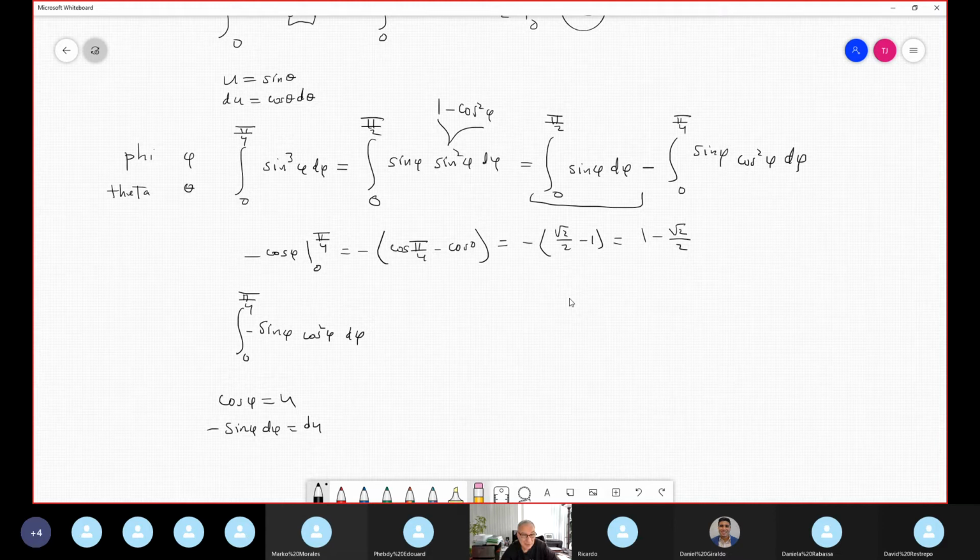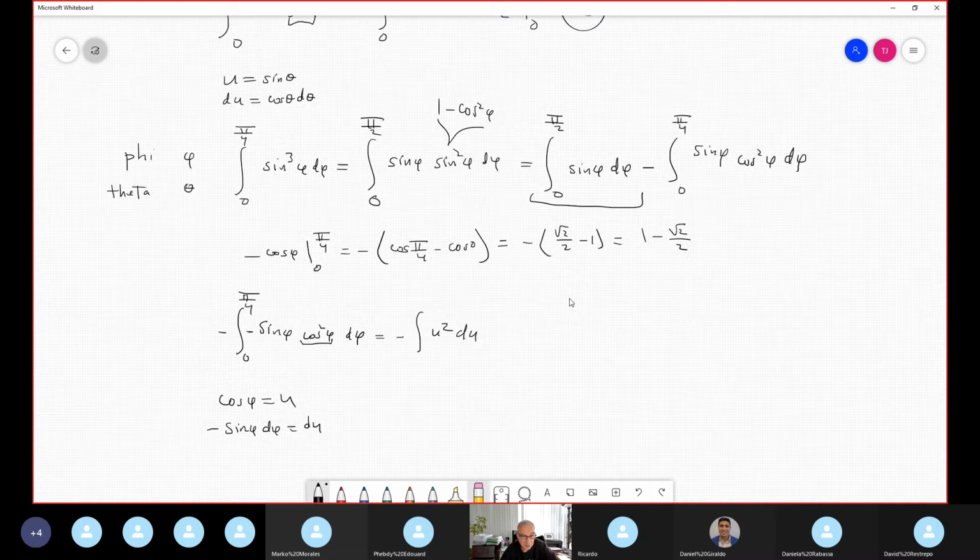So I put the extra negative here, and we put a negative outside in order that it doesn't affect my integral. So it's minus integral. This guy is u squared, and the rest is du.